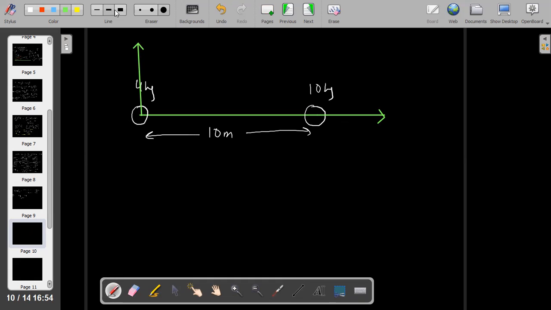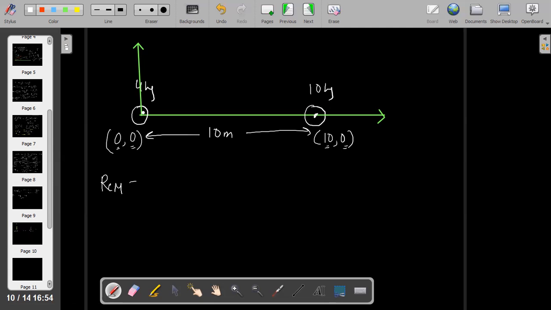Then you have to write the coordinates. This is the origin, with coordinates 0, 0. And the coordinate of this point is 10, 0. So x1 is 0, y1 is 0, x2 is 10, y2 is 0. Clear? Now I have to find the position of center of mass.